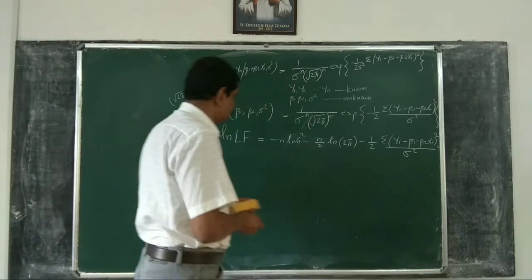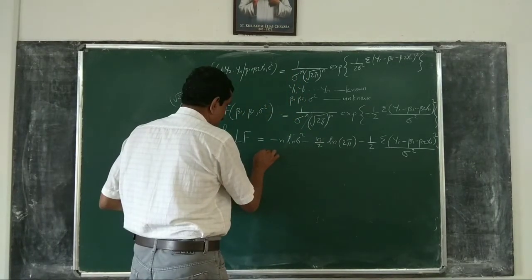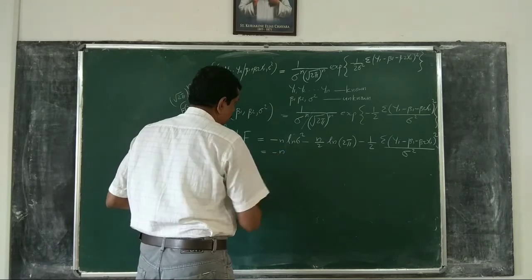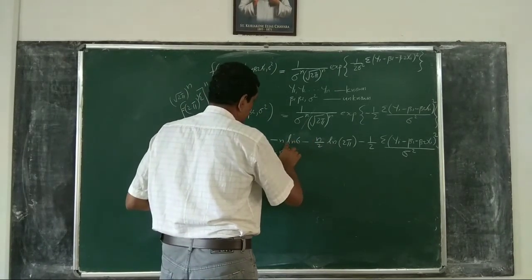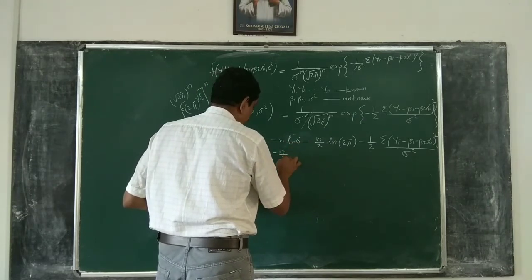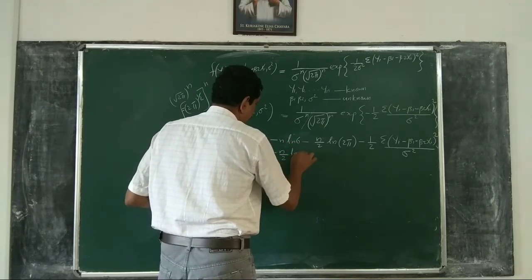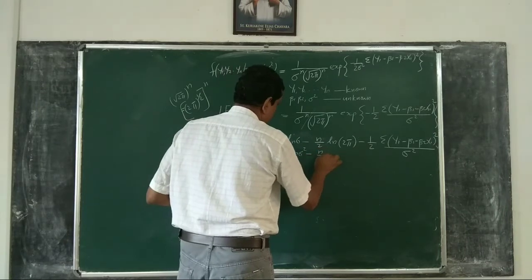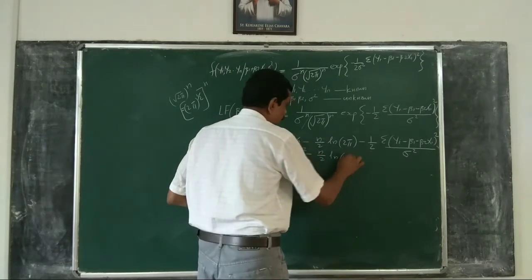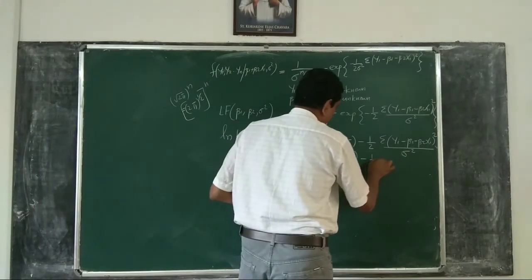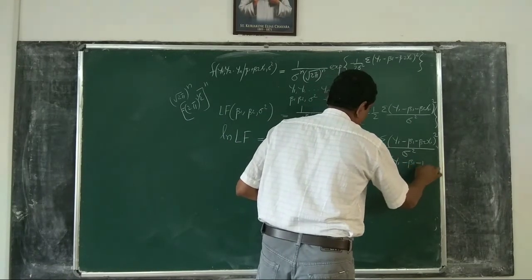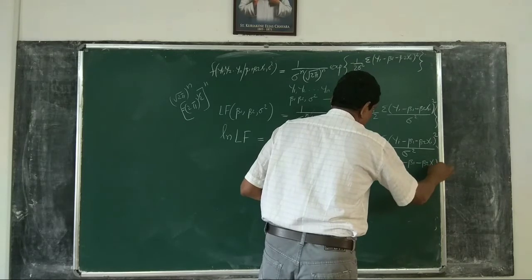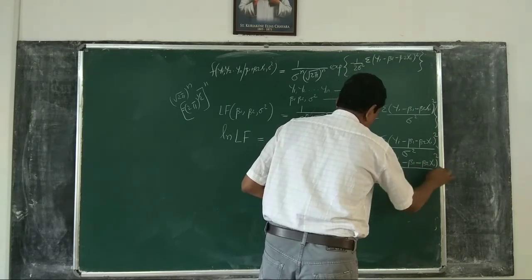And this can also be written as minus n ln sigma minus n by 2 ln sigma square minus n by 2 ln 2 pi minus 1 by 2 sigma square into the sum of yi minus beta 1 minus beta 2 xi whole square.